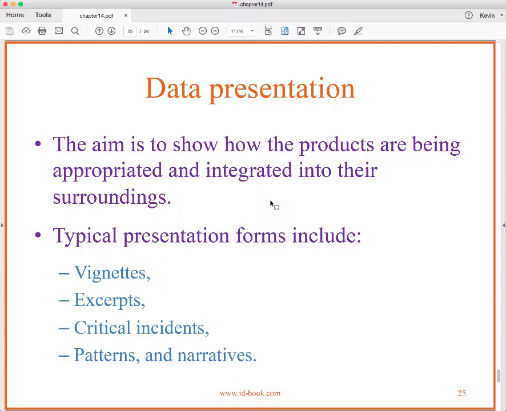Data presentation. How do we present this? Well, the aim is to show how the products are being appropriated and integrated into their surroundings. So what do we mean by appropriated? Well, the closest thing we have to that is appropriated used in a negative sense.